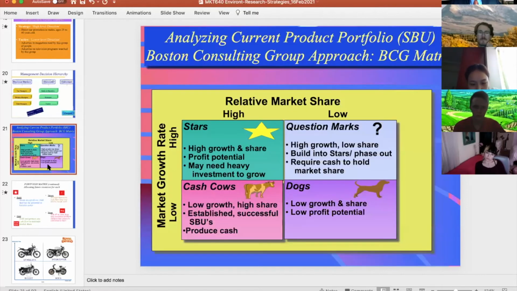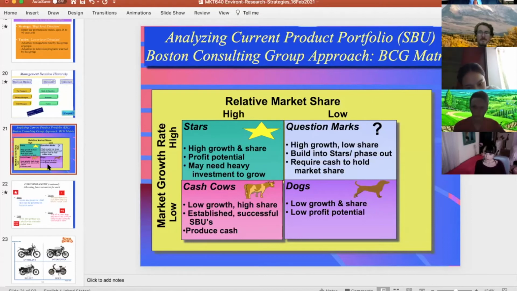So part of the analysis is obviously to look at your portfolio. In the case of Alex Ritchie, there's no portfolio, but every existing business has a set of products or services they've been selling, and you can look at them in terms of the amount of market share and the amount of growth. So high growth, high market share is a star.